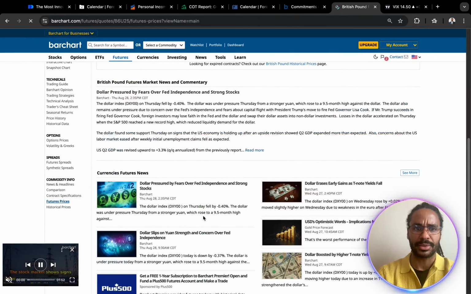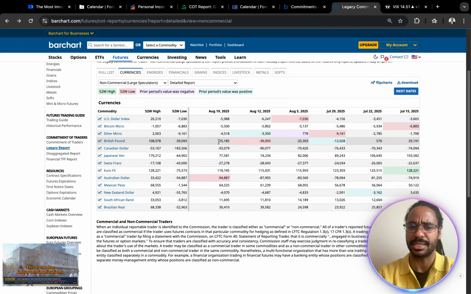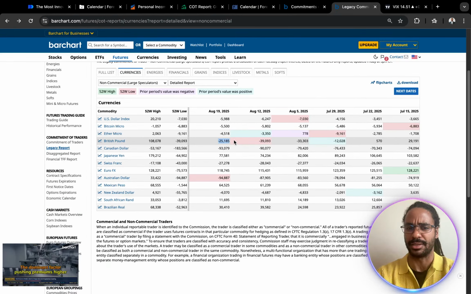When you look at the British pound, we will be focusing on the net long positions. As of August 19th, 2025, we have minus 25,000. These are shorts, okay?